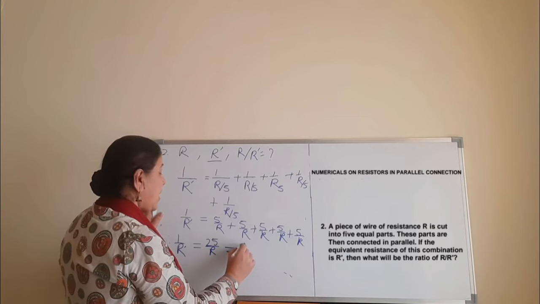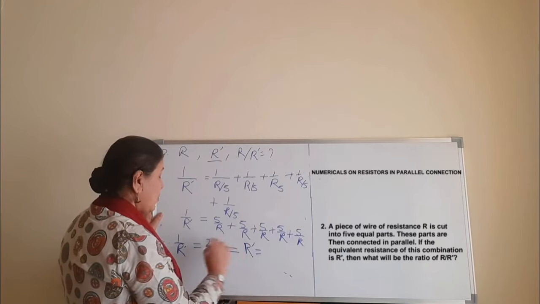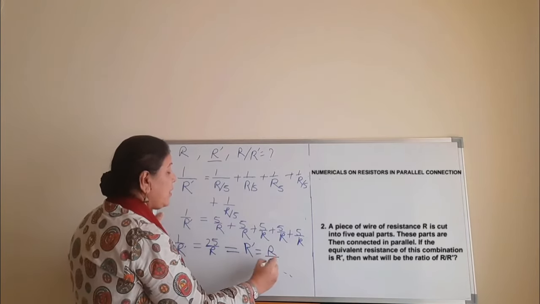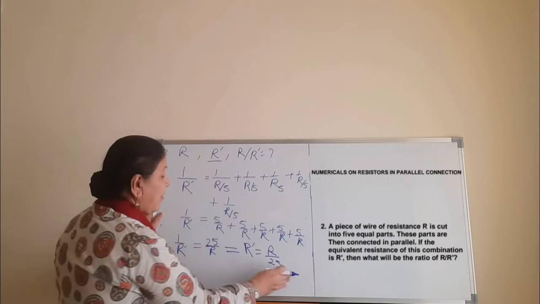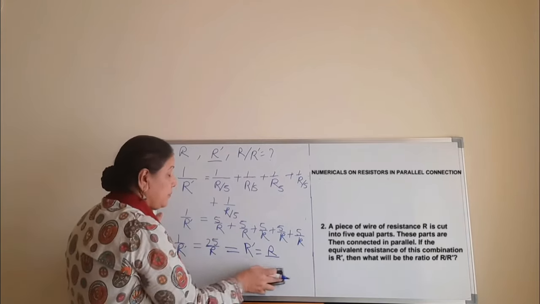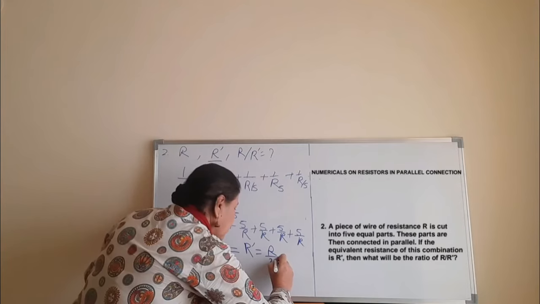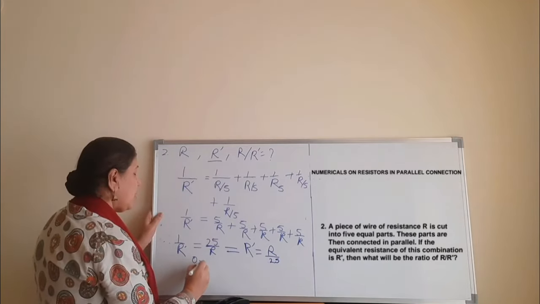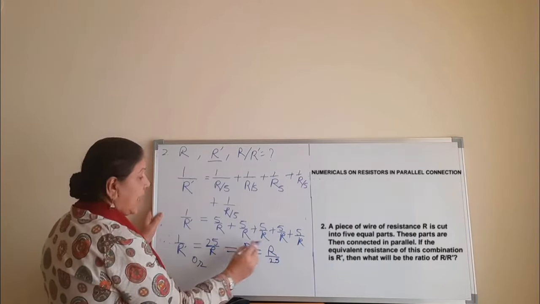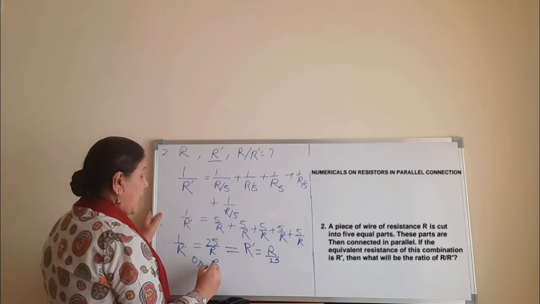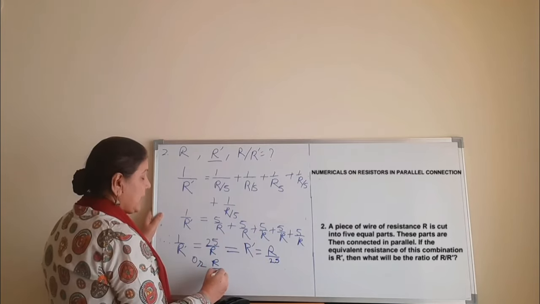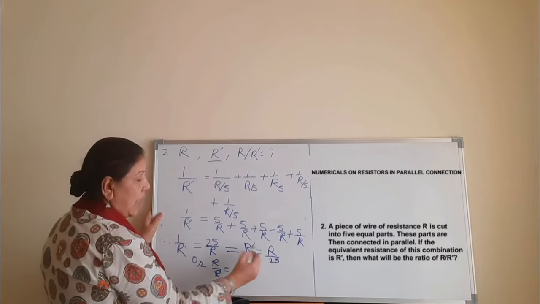Therefore, if I inverse it, R dash will be equal to R upon 25. You have to find R upon R dash, which will be equal to R upon R dash.